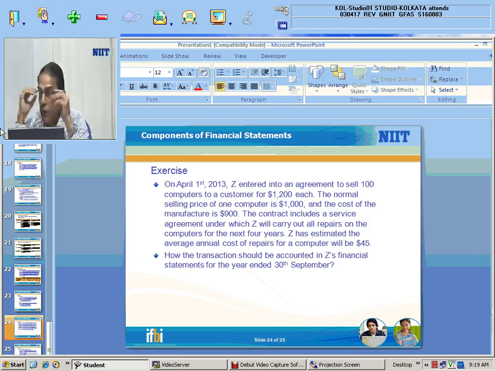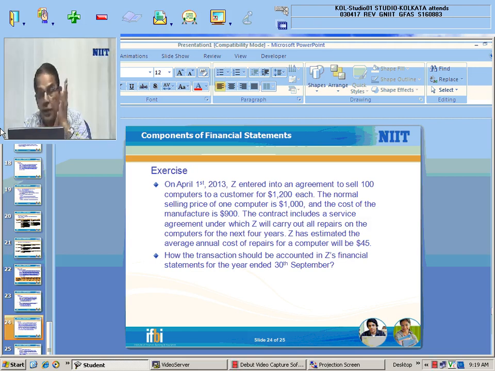And the cost of services rendered: 45 is the annual cost of repairs, so the 6 months cost of repairs will be 22.5. So the cost of services rendered will be taken at 22.5, and the service revenue will be $25. So this is how the accounting will be done in Z's books as on 30th September 2013.